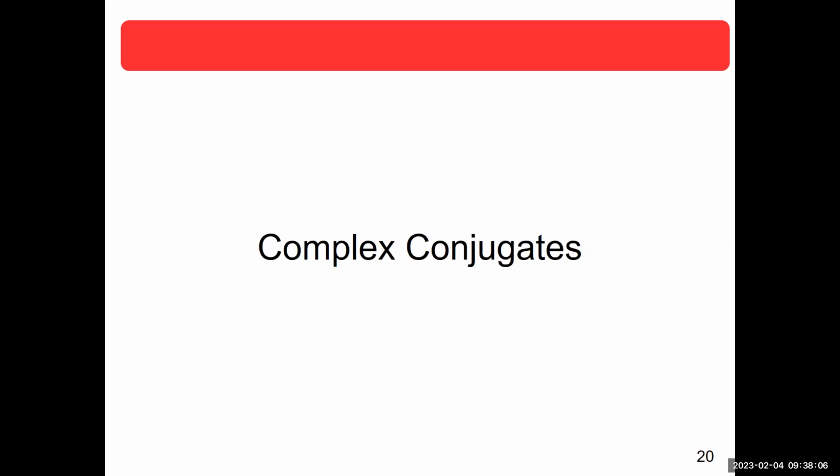Complex conjugate. That's what we need to do the dividing. We cannot do dividing without understanding the conjugate. It is simple. If I have a complex number, a plus bi, the conjugate of a plus bi equals a minus bi. That's it, the inverse.